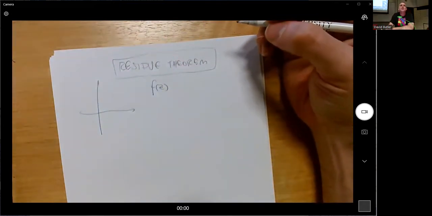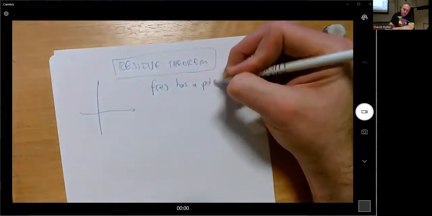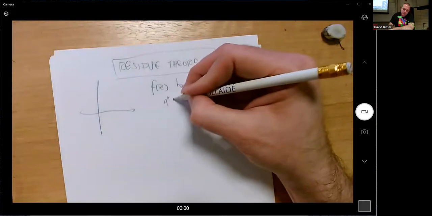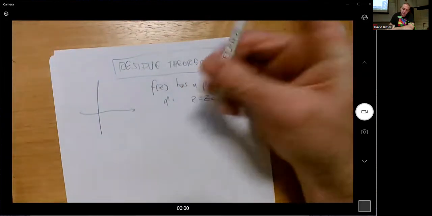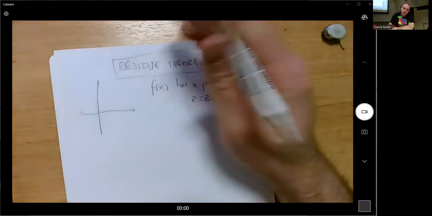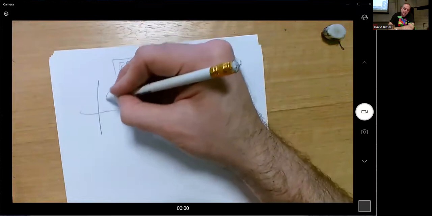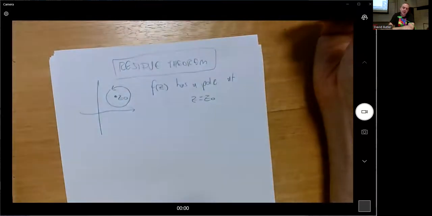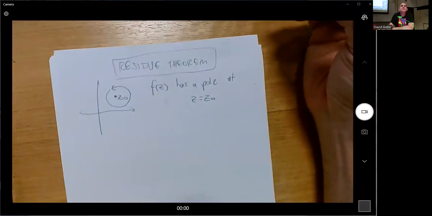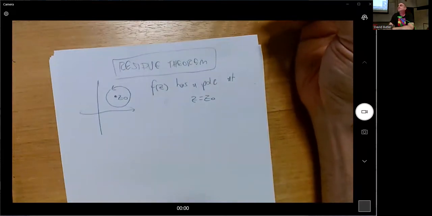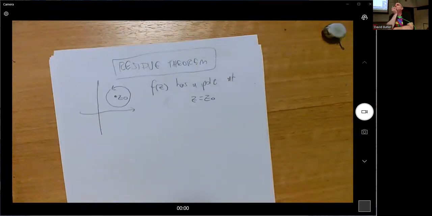Is that what they call it, a pole? At z equals z naught. And then it's saying that if you do an integral around the pole, you get a particular answer. Is that right? What does the residue theorem say?